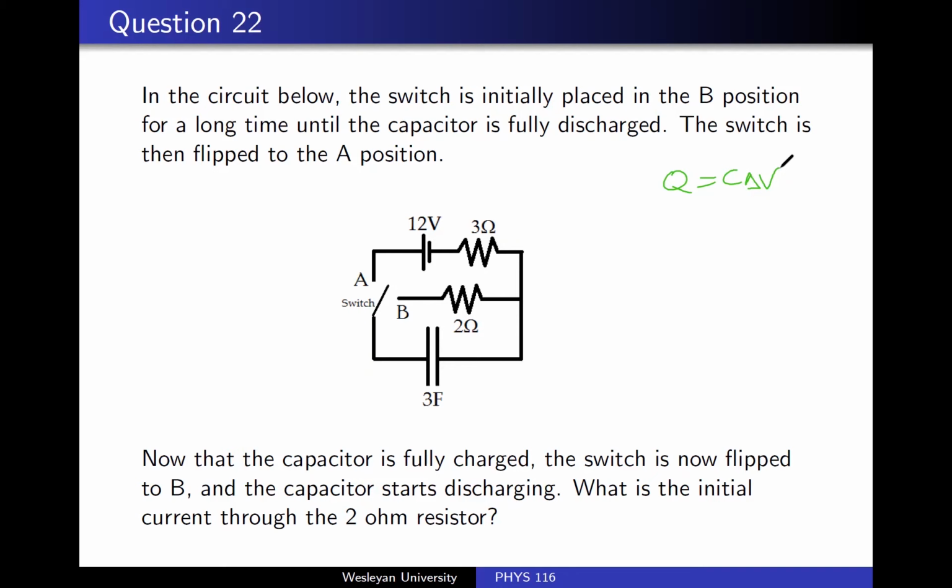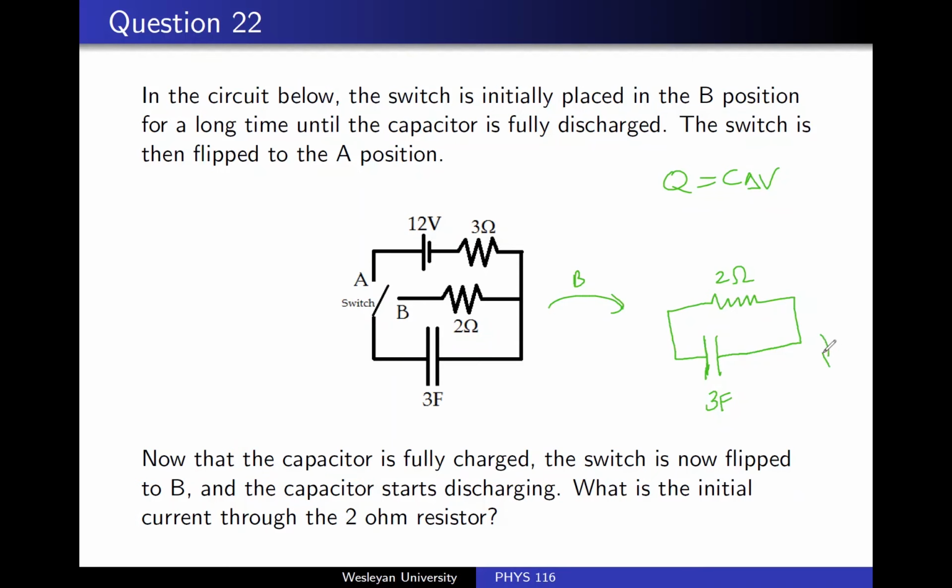So to find the voltage just after the switch was flipped, we look at the voltage just before the switch was flipped. And we know that was 12 volts for the capacitor. So our circuit now that the switch is in position B looks like the capacitor and the 2 ohm resistor. In particular, just after the switch is flipped, the capacitor is acting like a 12-volt battery.